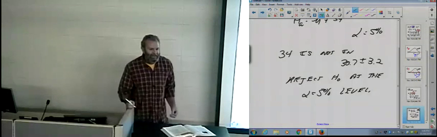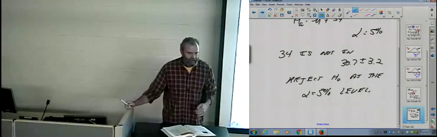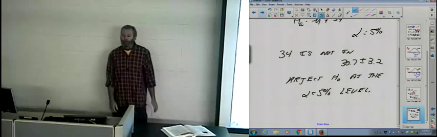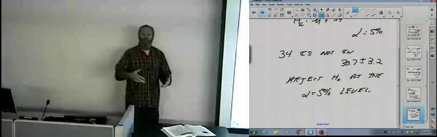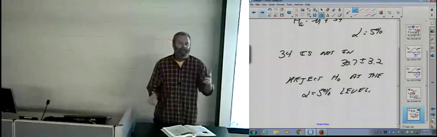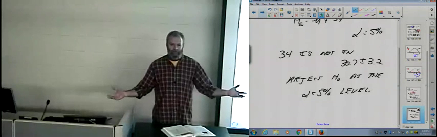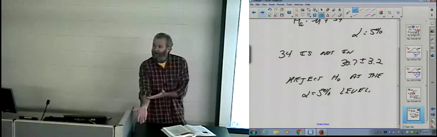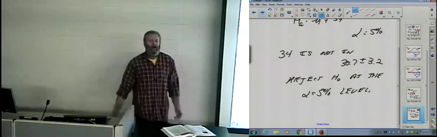Now, you realize if we reject H naught, then we're willing to accept the alternative, right? When you fail to reject the null, you just fail to reject the null. When you reject it, you've got to accept something, so you're willing to accept the alternative. So you're willing to accept that it's not 34 here.